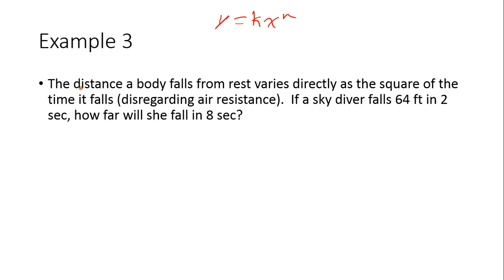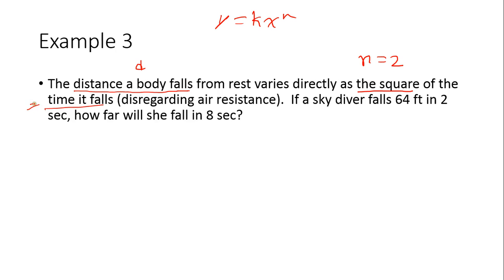So let's see here. The distance a body travels, we'll call that d, varies directly as the square, so basically that means n equals 2, of the time it falls.